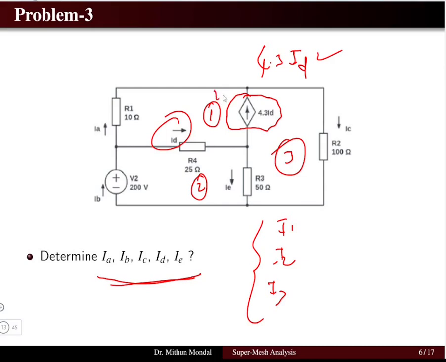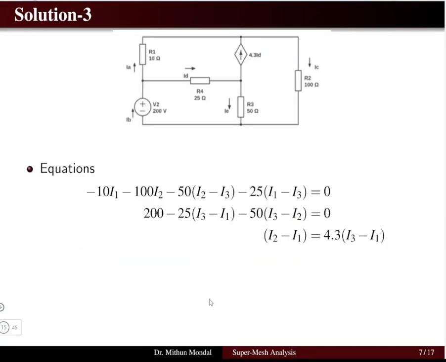However, from here mesh 1 and mesh 3 we can combine by removing this current source from the circuit, because it leads to the formation of a super mesh. So we have to write equations 1, 2 and 3 corresponding to the super mesh, one loop equation and one constraint equation.